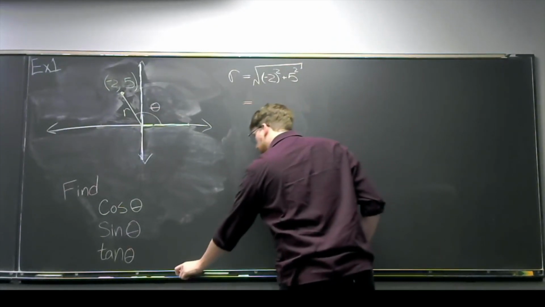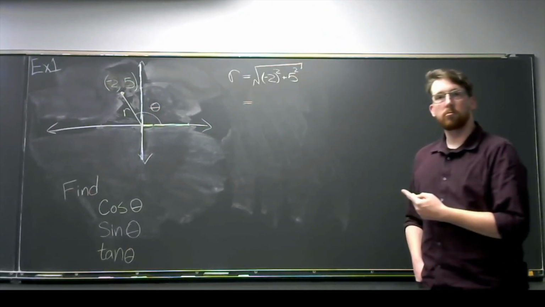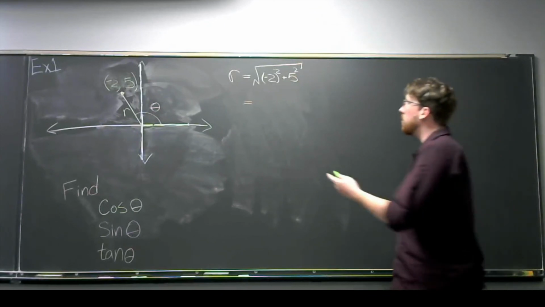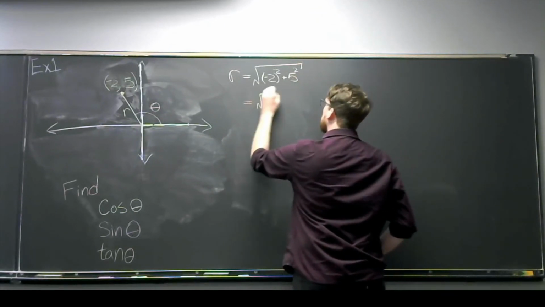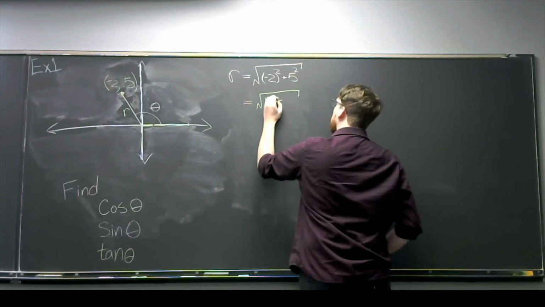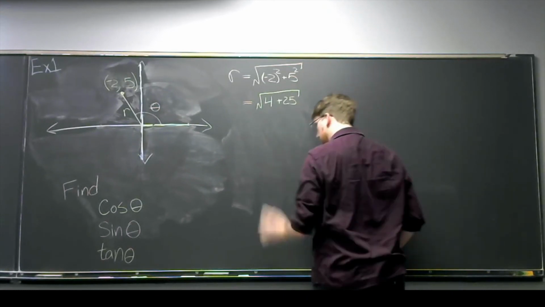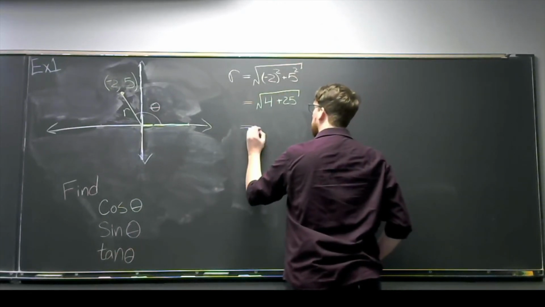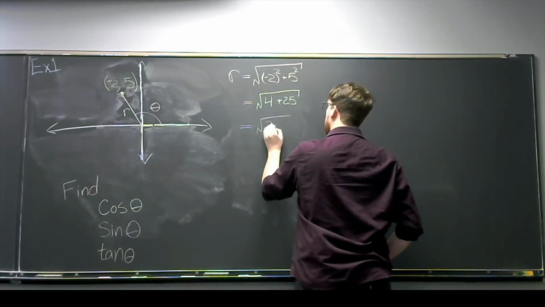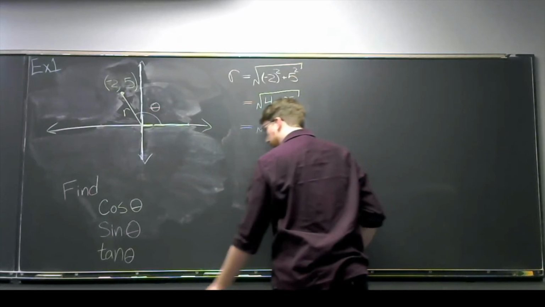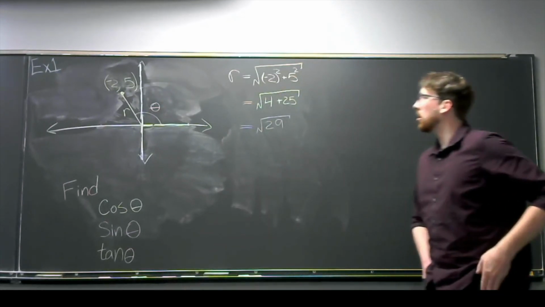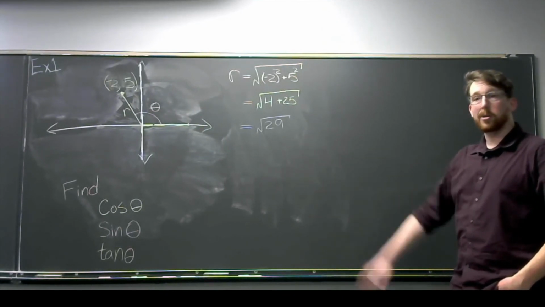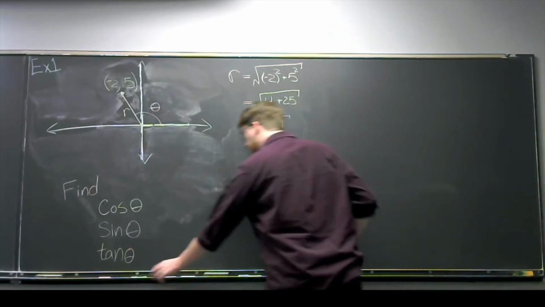Calculating these squares out, what we're going to find is that r, our radius, is equal to the square root of 4 plus 25, or just the square root of 29. All right, so we've got r. That means now we can just go ahead and calculate cosine, sine, and tangent out in the traditional way.